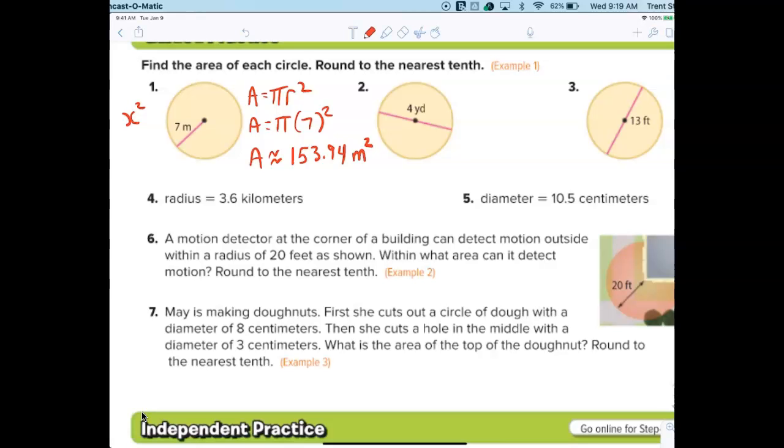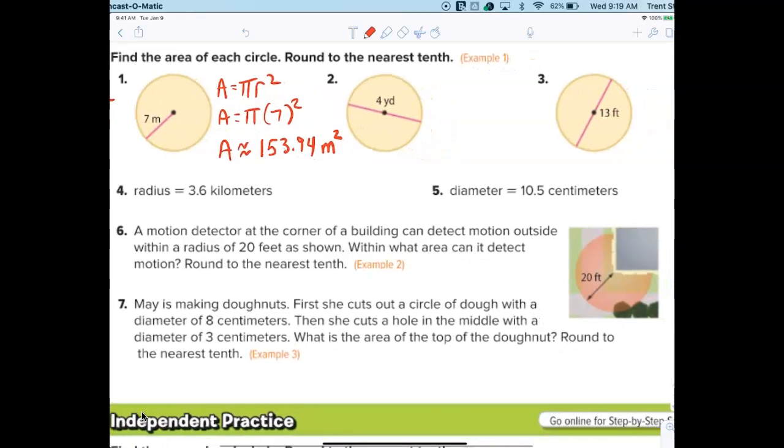Number 2, again, write down A equals pi r squared. Ryan, in this case, what's the radius? Yes, thank you.